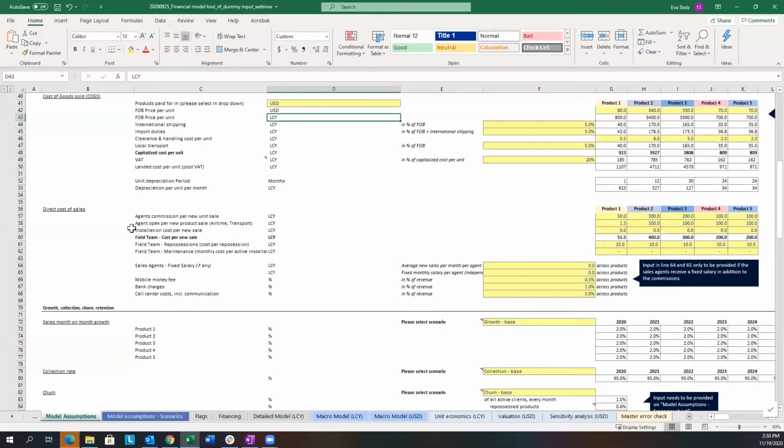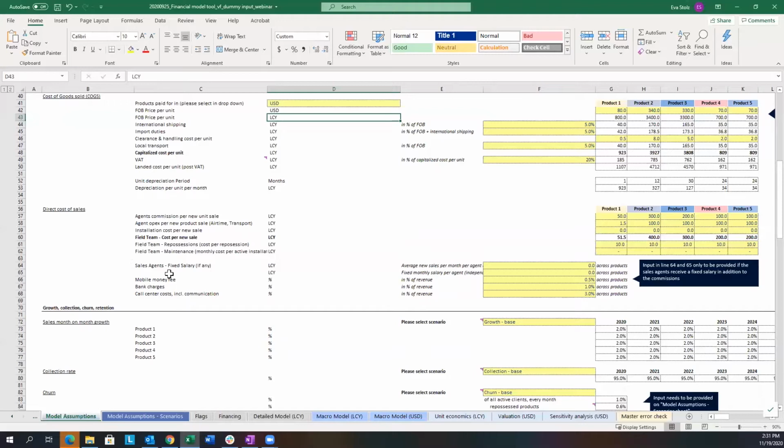This combined gets you to the cost per new sale. Then you might also have costs per repossession. So we also added that. You can indicate a cost per repossession, and you can also indicate a monthly maintenance cost per active installation. Then in some cases, you might also pay your agents a fixed salary. So there is a field where you can include that as well if needed.